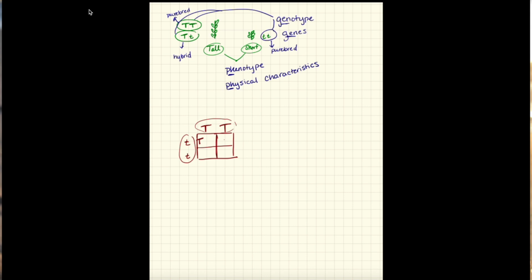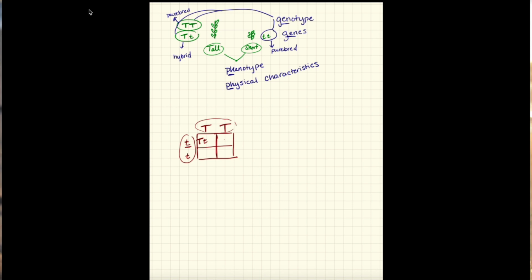So I've got uppercase T, lowercase t. I'm always going to put the uppercase or the dominant trait first, even though, if it was in the reading direction, you might be tempted to put the lowercase first right here. Don't do it. So capital T, lowercase t.